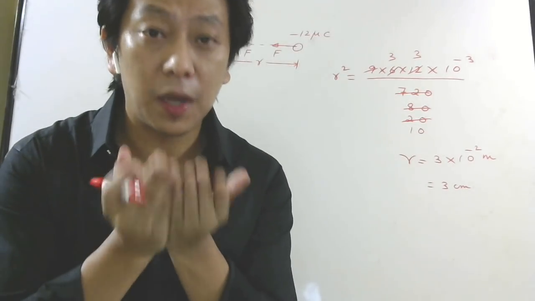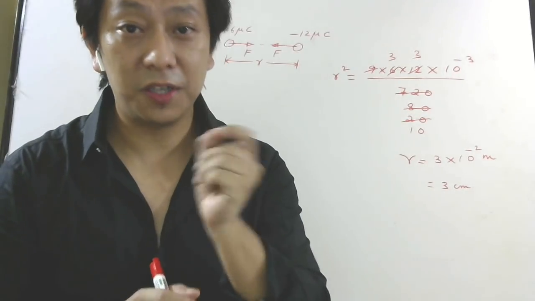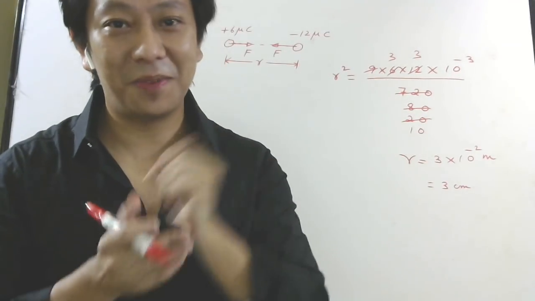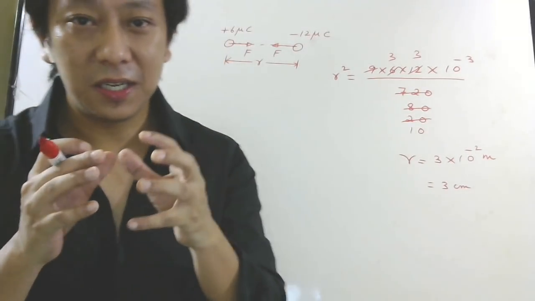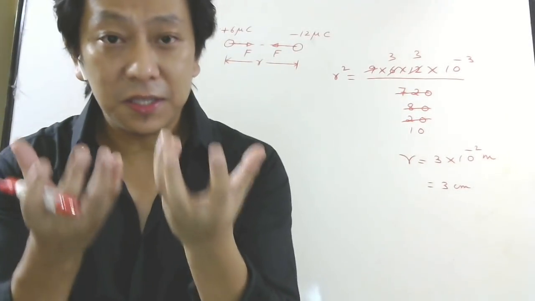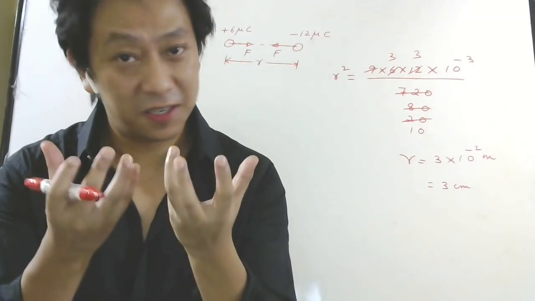Now you will ask why. For that you have to learn the concept of potential, which will be taught in the next chapter. For the time being, try to understand it in this way. They told us both conductors have the same size, same radius.